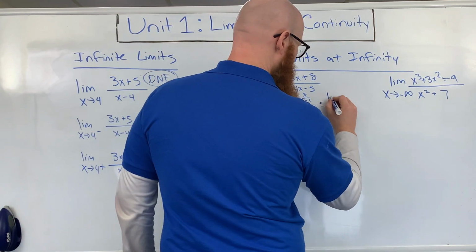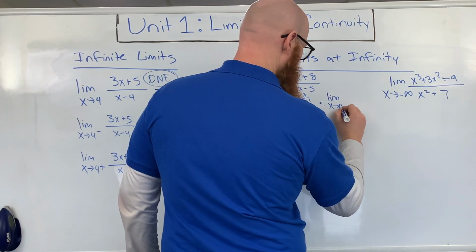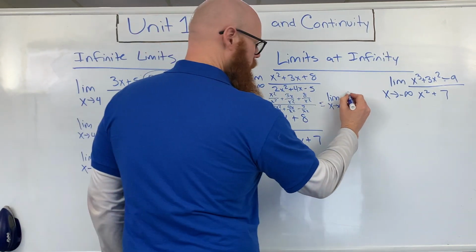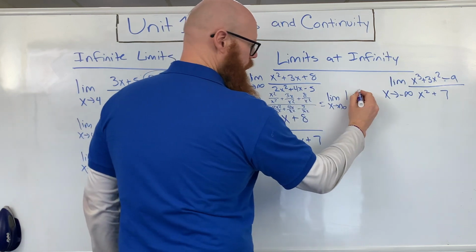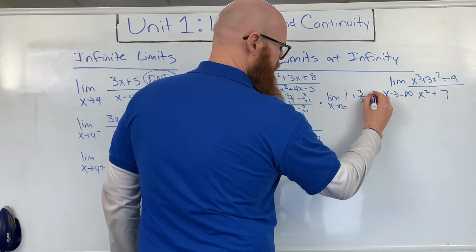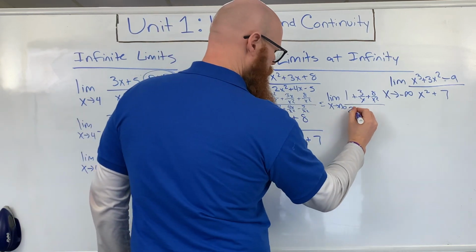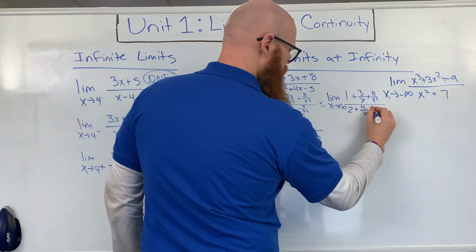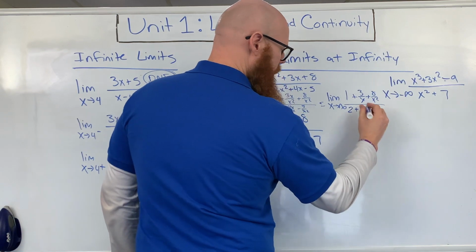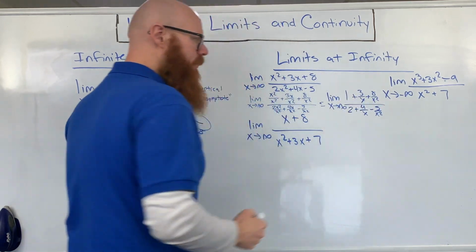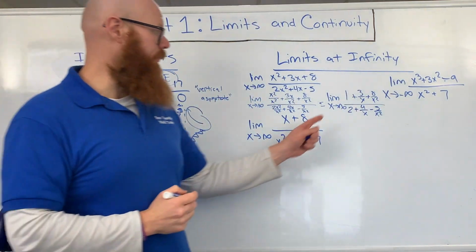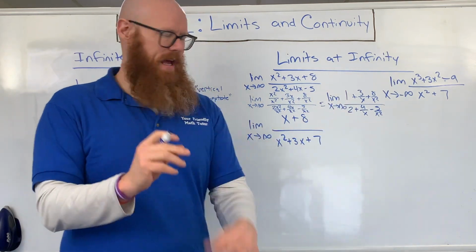And what that's going to give me is 1 plus 3 over x plus 8 over x squared, over 2 plus 4 over x minus 5 over x squared. And the cool thing is, limits of constants are constants themselves. So this 1 over 2 is just going to stay there.